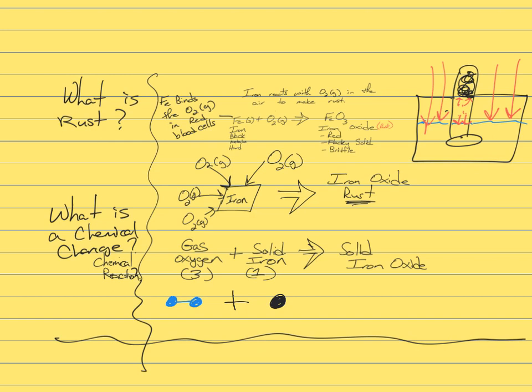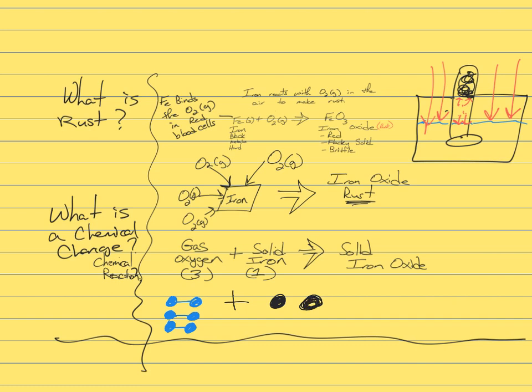And if you're going to balance it, you'd need 6 of these oxygen atoms or molecules, and you'd need 2 of these iron atoms.